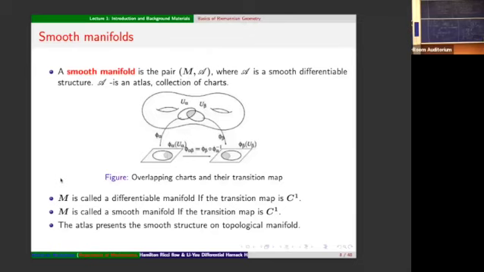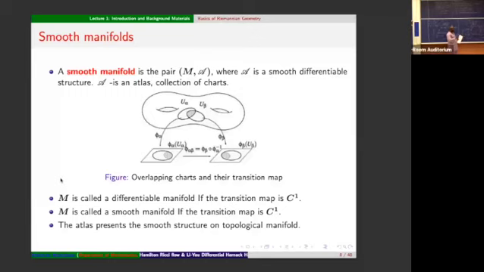If the transition map is C infinity, then you say M is smooth, not just C1. Meaning that the atlas presents a smooth structure on the topological manifold. With this, we build what a smooth manifold is all about, and in this course we'll be dealing with smooth manifolds.